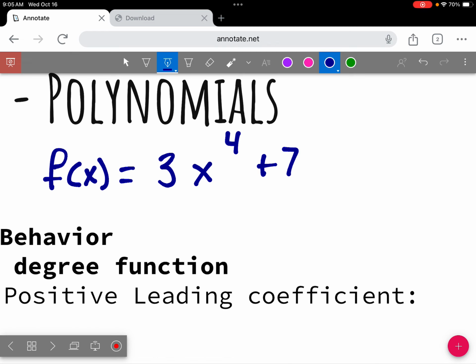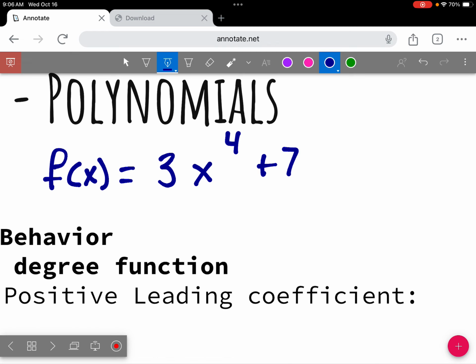What that tells us is it actually tells us a lot about our arrows on our function if we were to graph it. So if we have even degree functions, meaning parabolas or things to the 4th or things to the 6th, even degrees, what that tells me is that our ends are going to match. So parabolas look like this. They're U-shaped.